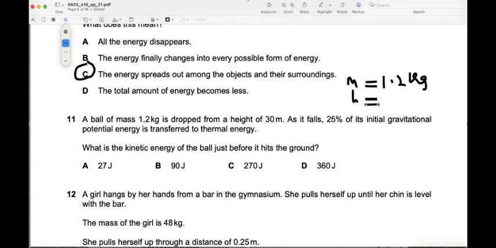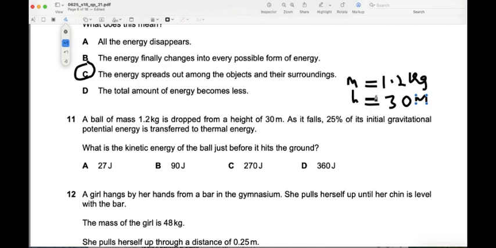Okay, sorry, let's move on. We say a ball of mass 1.2 kg is dropped from a height of 30 meters. So h is 30 meters. As it falls, 25% of the initial gravitational potential energy is transferred to thermal energy.